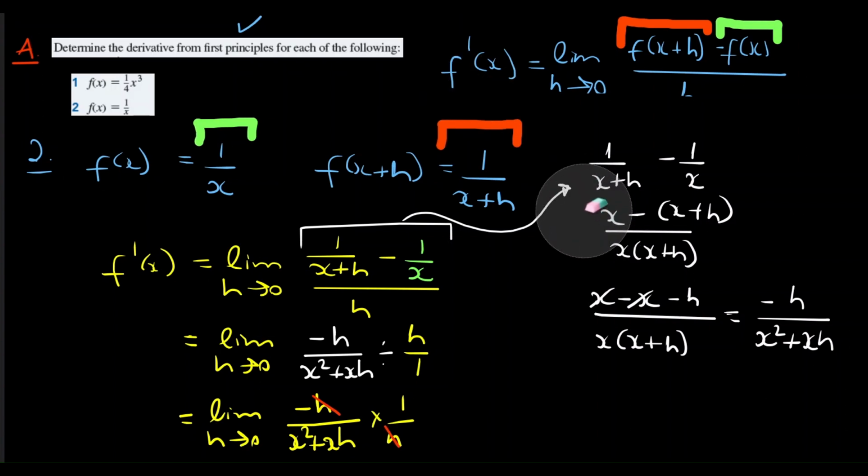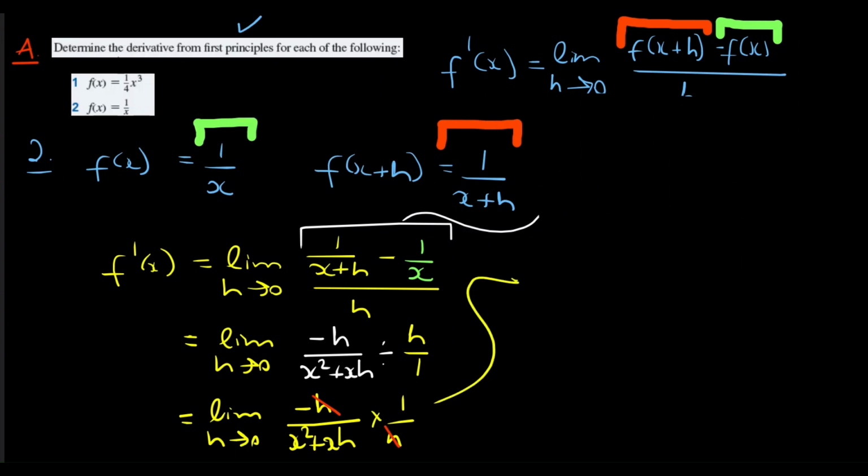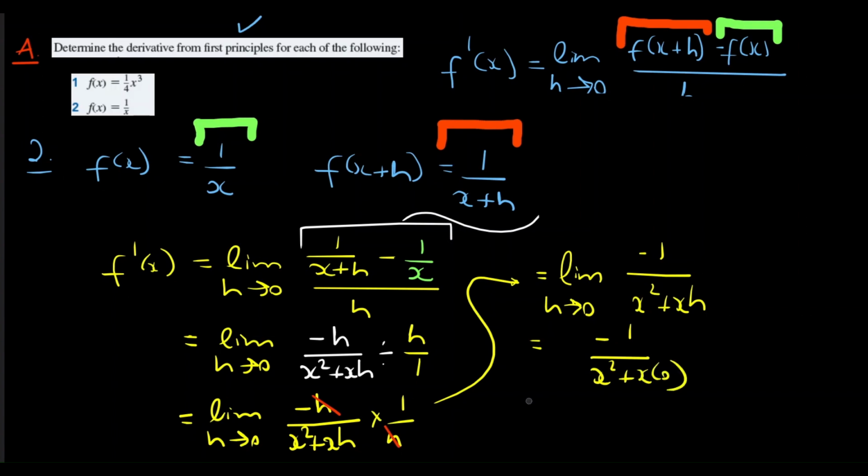We'll be left with the limit as h approaches 0 of negative 1 over x squared plus xh, and then we can substitute 0 for h, and we have x squared plus x times 0.